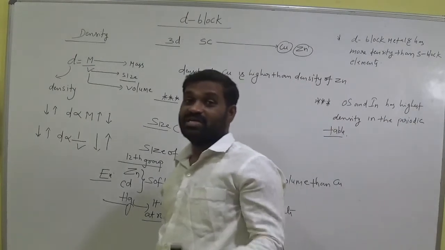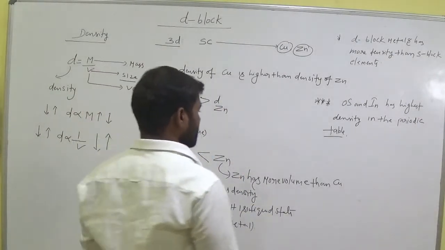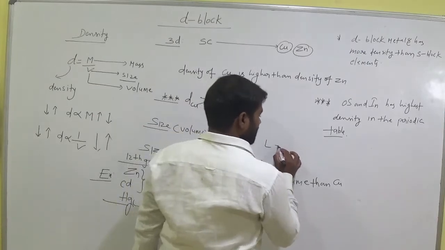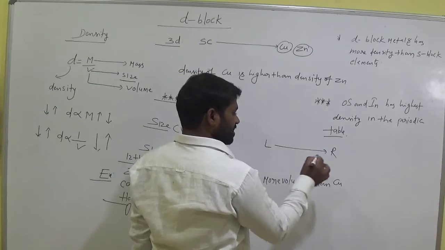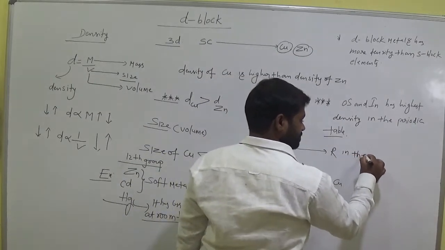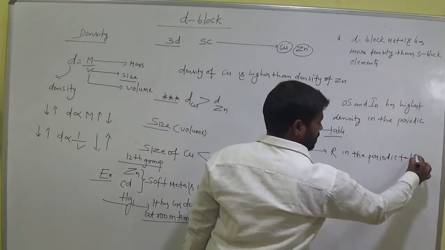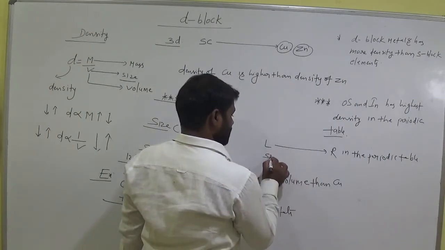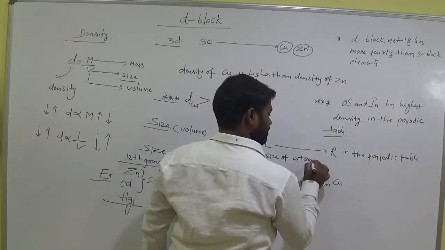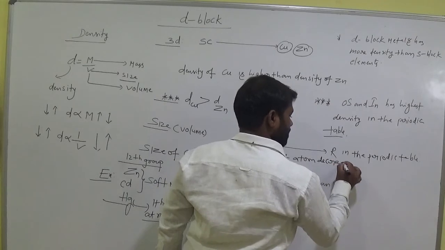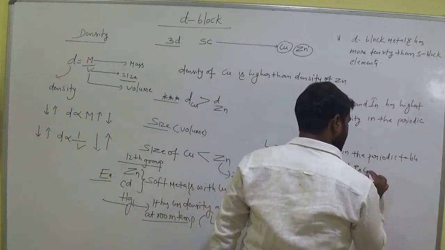Why is the size of zinc more than copper? We already discussed in the previous class. Generally, from left to right in the periodic table, the size of atoms decreases, but there is an exception.